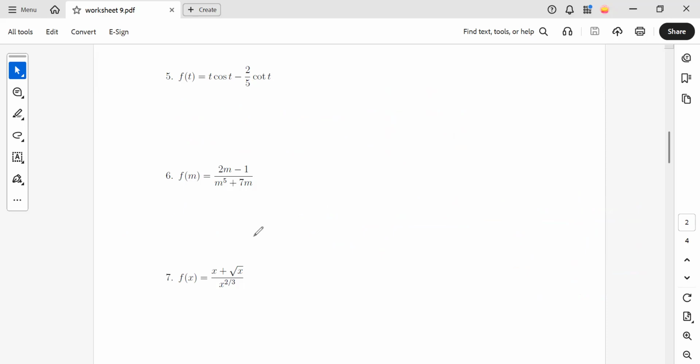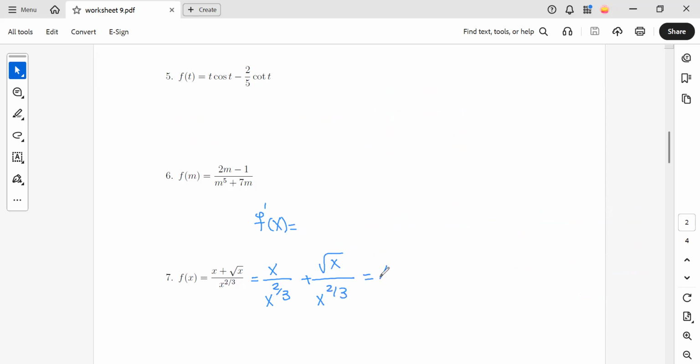For 7, f prime of x can be done by the quotient rule and also by the power rule. So we can write it as x over x to the power 2 over 3 plus square root of x over x to the power 2 over 3.